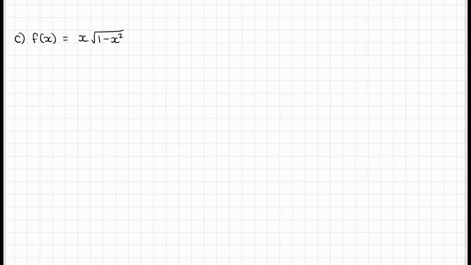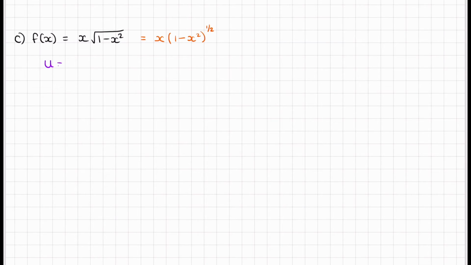Part C, we've got f of x equals x times the square root of 1 minus x squared. So first of all, we need to write this in a form that we can differentiate, which would be x multiplied by 1 minus x squared, all to the power of a half. Now we're just going to make our u's and v's for our product rule.